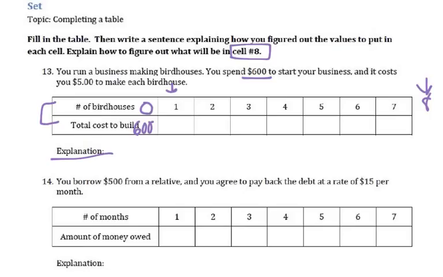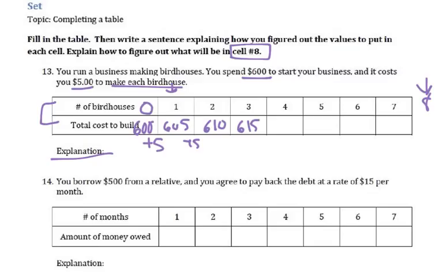Okay, so now it costs $5 to make each birdhouse. So to that $600 I've already spent, what's the pattern? Well, for each birdhouse, we have to spend $5 more. So 605, 610, 615. Now, you've got a few options here. Once you've started, you could try to make an equation.